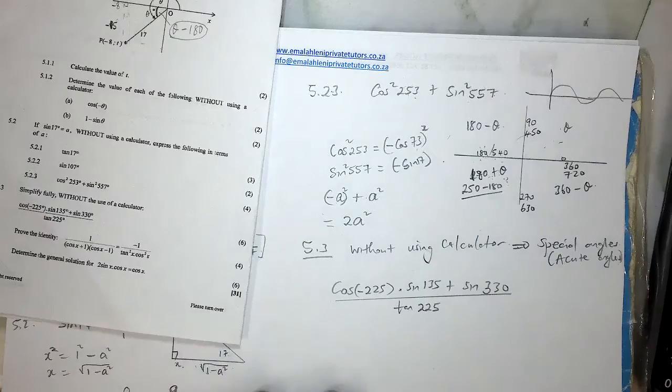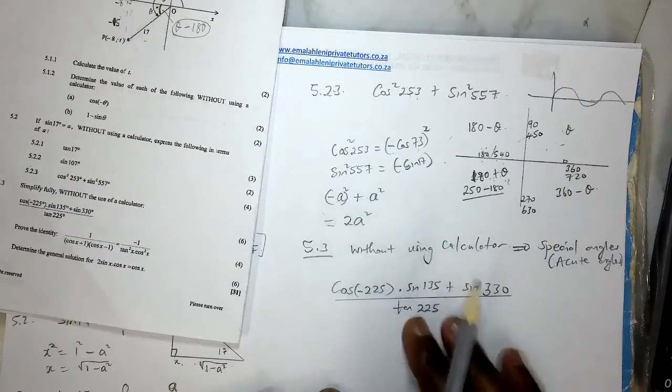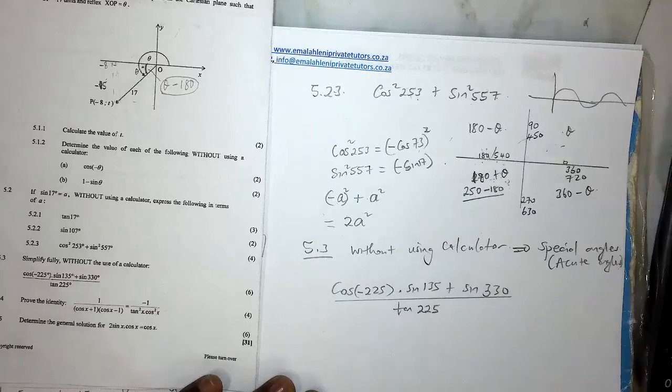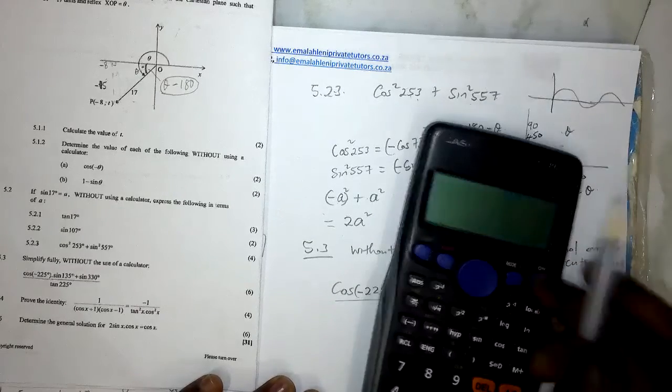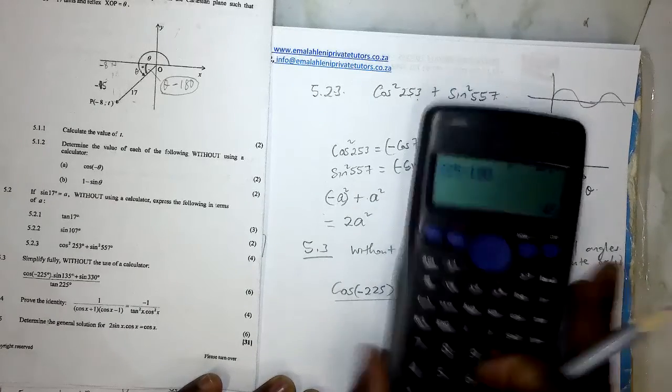Now, when we are given this, we know that we want to find the acute angle to your 225. What is it? It's in the third quadrant. You are going to say 225 minus 180. We get 45.